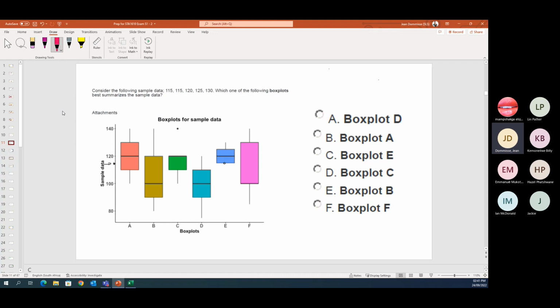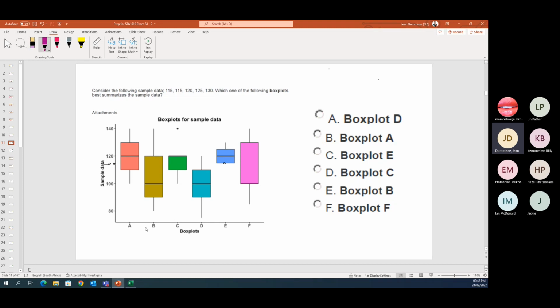For the box plots, I think that's one of the places where you need to be very careful, and not in this, but how they put the answers, because it's very simple to make a mistake if you want to say, oh, it's box plot A, that you say A is the correct one, but actually A refers to box plot D. So just be very careful with these kinds of answers that you don't get caught out.